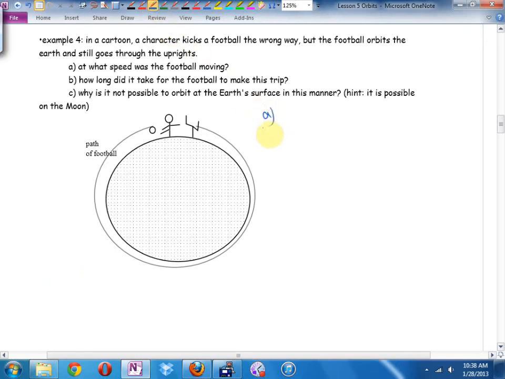A, are we in orbit? Then I'm going to write gravity is what's pulling me in a circle. I'm going to write big G, big M, little m over r squared equals, don't forget the little m, V squared over r.